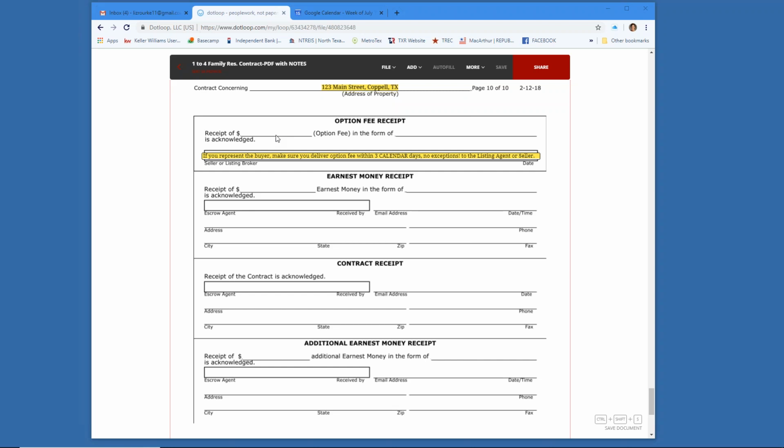Like I've seen $200 in the form of a personal check. Jane Smith, the listing agent, electronically signed it on 7/15, but she actually got the check on 7/13. Okay, well, 7/15 may be outside those 3 days. So anyway, don't leave anything to be questioned later on, just in case.